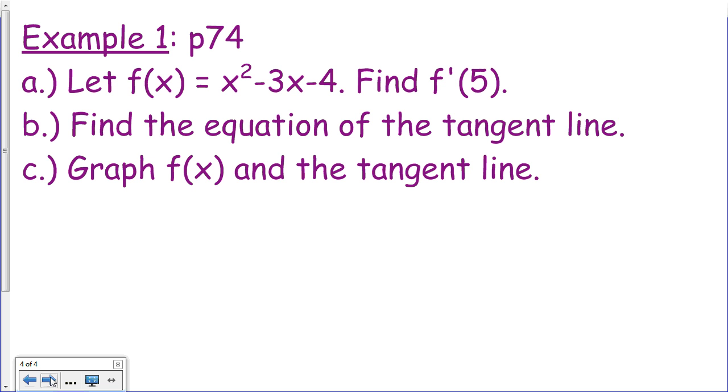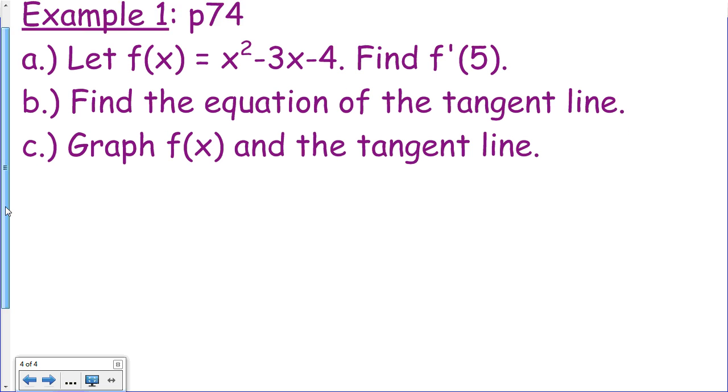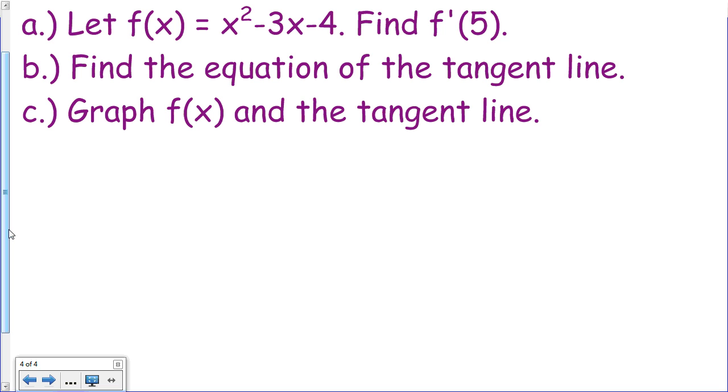Well, we're going to find the derivative of this thing by first using our definition. I'm going to say the next thing we want to do here is find the equation of the tangent line. We'll look at how we can do that. And we're going to graph those together. So I'm going to change the problem there slightly. All right, so let's start with A, which is finding the derivative, f prime of 5.